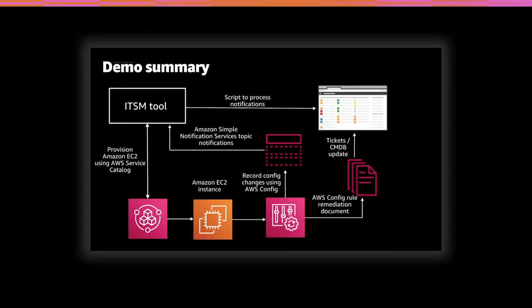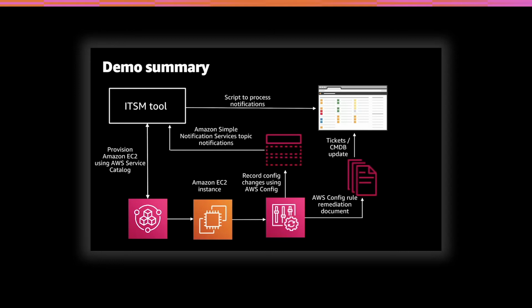We provisioned an EC2 instance that was non-compliant with an AWS Config rule. The second step is to always have a continuous compliance engine like AWS Config that is consistently monitoring your resources on creation.